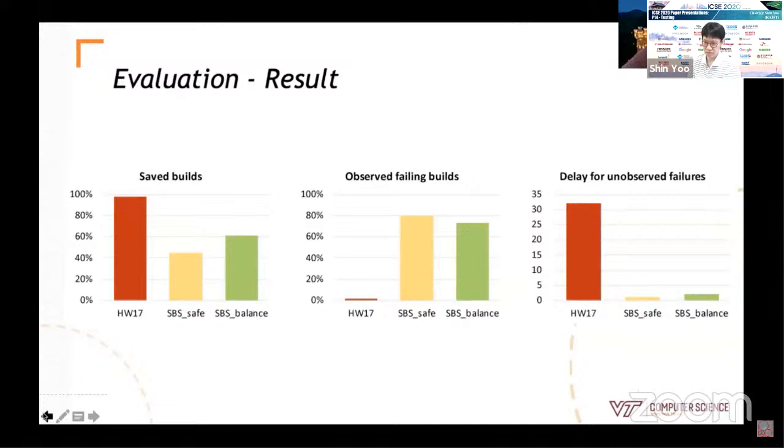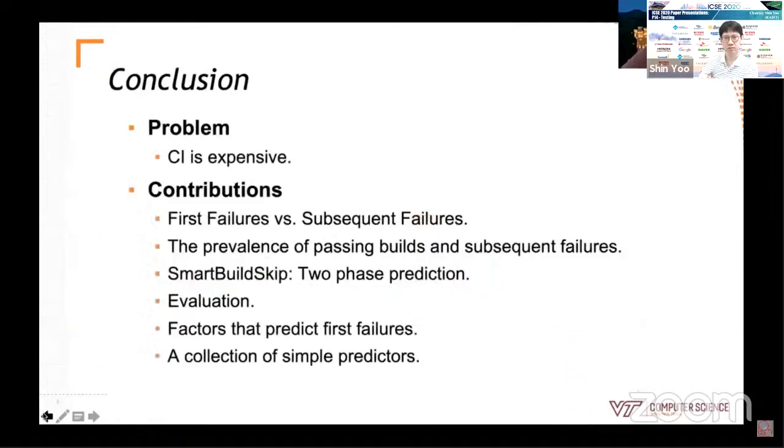Our most balanced approach can save 61% of builds and detect 73% of failing builds. The delay for skipped failures is 2 builds. We can also get a sense of the trade-off between cost saving and failing build recall. The higher benefit in cost saving will bring higher risk to delay the observation of failing builds.